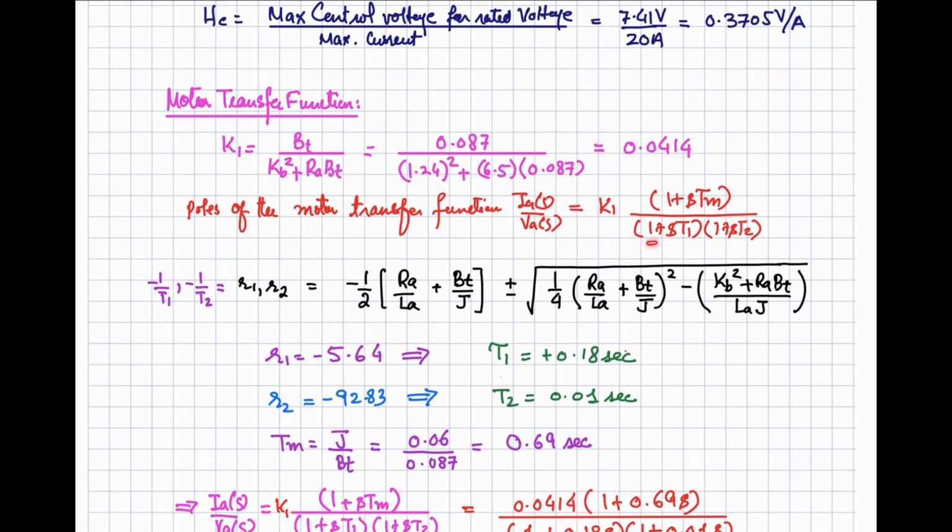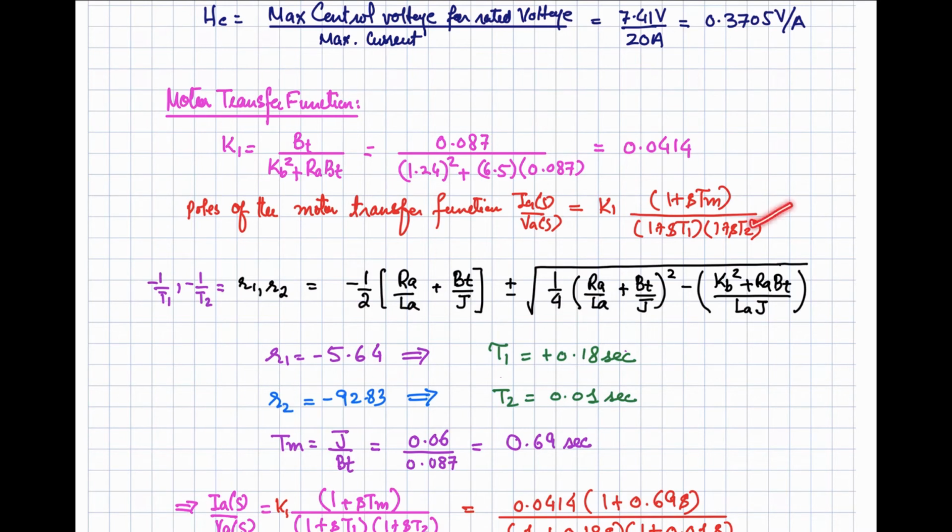Okay, next we need to find out T1 and T2, and these are basically the roots which are given by this equation, right? So we are given RA, LA, BT and J. If you look at those values, you can find out these roots, and from these roots you can find out the time constants T1 and T2. So T1 is given by this one and T2 is equal to 0.01 second.